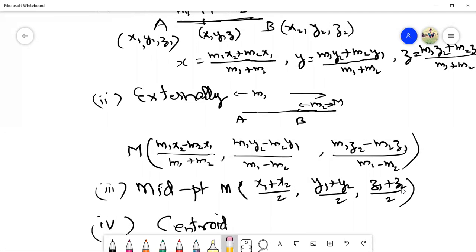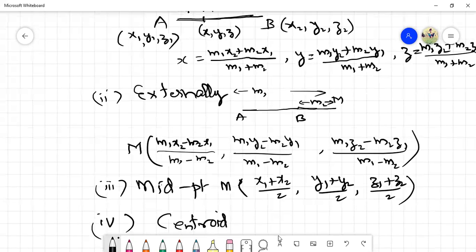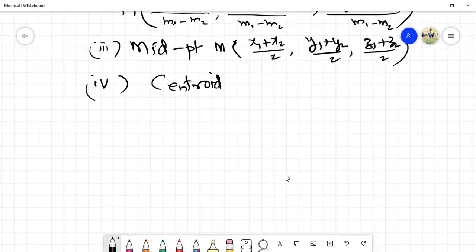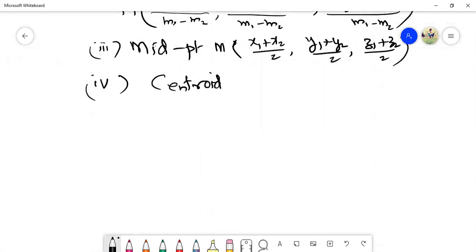If the distance is changed, then you can interchange m1 and m2. So the centroid of a triangle.